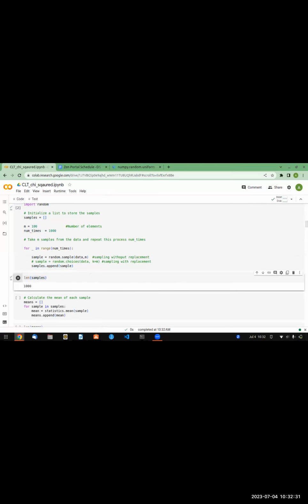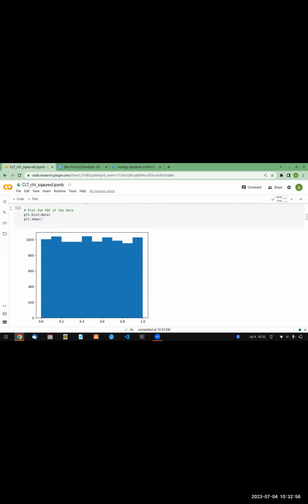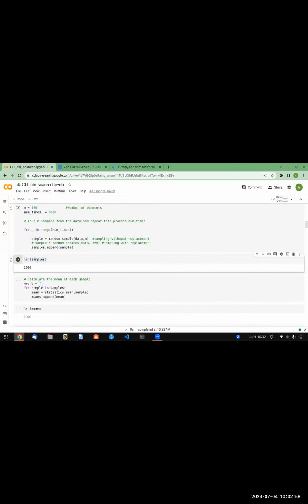Now, what is the next step? After repeating this for S1, S2, we should calculate the mean of every sample and store that in a list. And that list is called the sampling distribution of sample means. Catchy name, right? Confusing name.